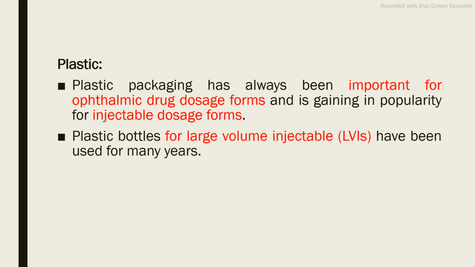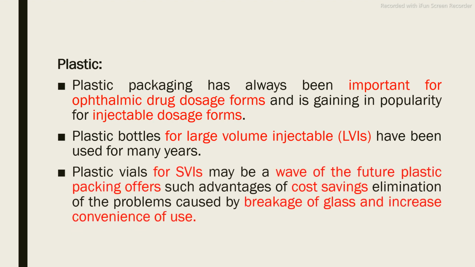And the plastic bottles are available for large volume parenterals, as we have seen. Plastic vials for small volume parenterals may be a wave of the future in plastic packaging. Means there may be a chance in the future, but nowadays plastic vials for small volume parenterals are not available.